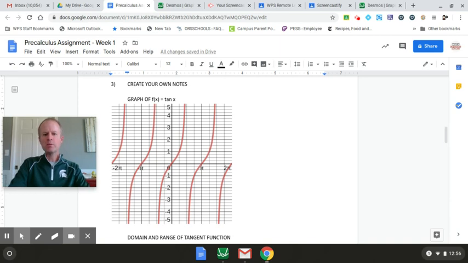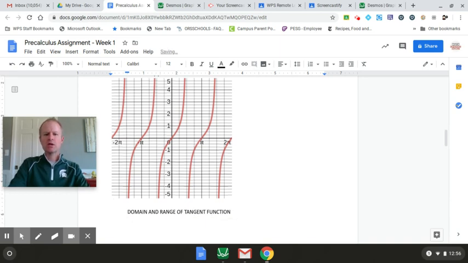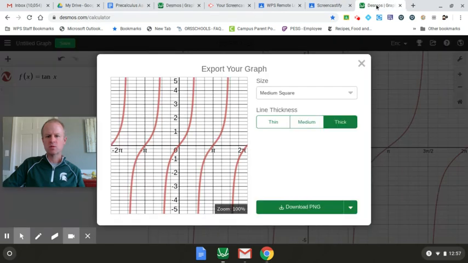So remember, when we talk about domain, we're talking about the inputs, the x values. So domain of tangent. You can see in this one, it looks like there are some walls, some vertical asymptotes. So I'm going to go back to Desmos, and we're going to talk about that in a minute.